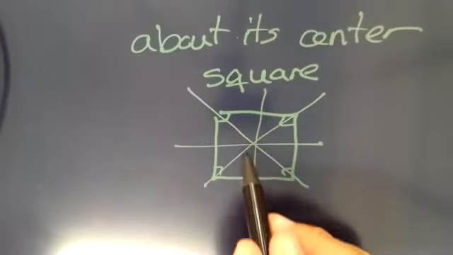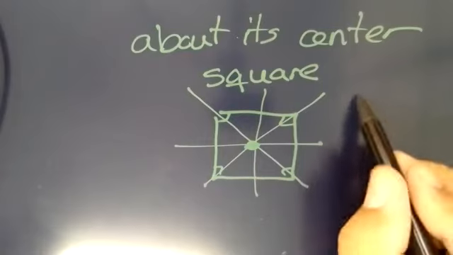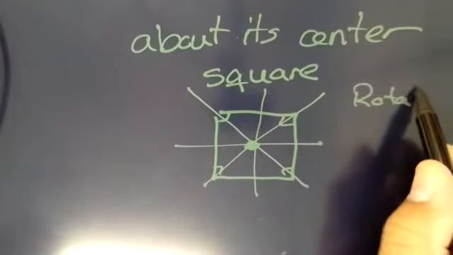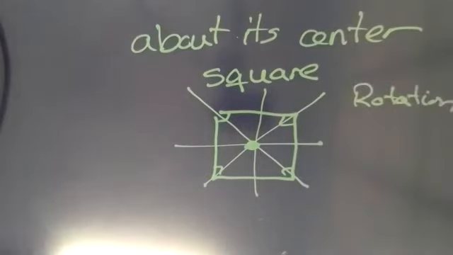So if this is the center and we talk about a rotation, I could ask you the following question: by which angle can the square be rotated so it is mapped onto itself?